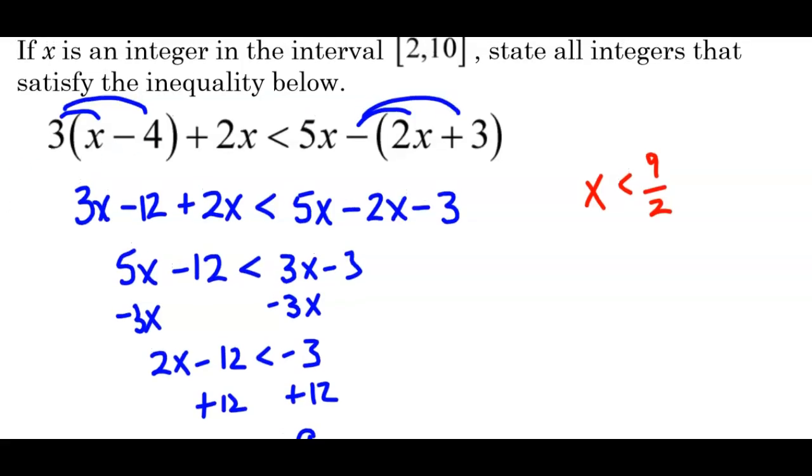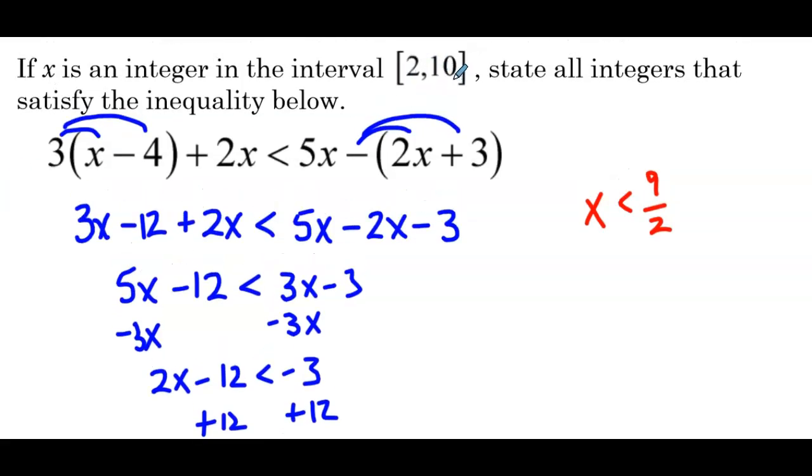Then they gave us an interval from 2 to 10, and they said if x is an integer value in this interval, so between 2 and 10, if we wrote that as an inequality, 2 is less than or equal to x, which is less than or equal to 10, we have to figure out integers that satisfy both of these inequalities. Right, so we have a couple of ways.